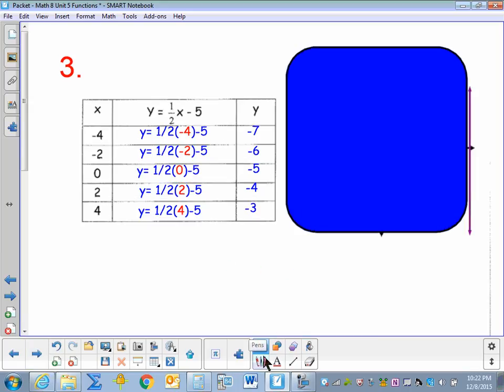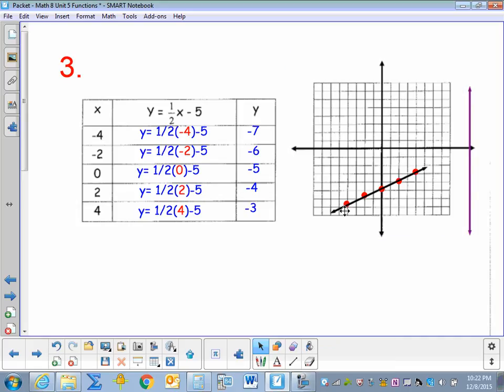So go ahead and plot your points. And this is what your line looks like.